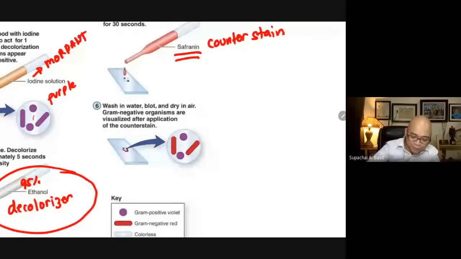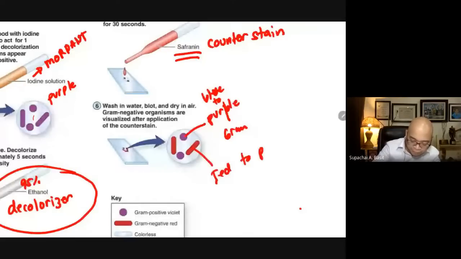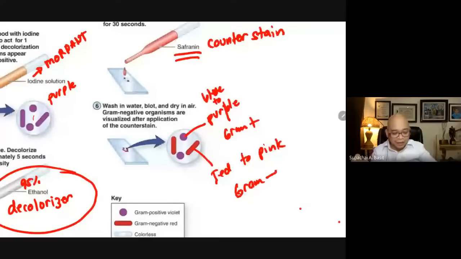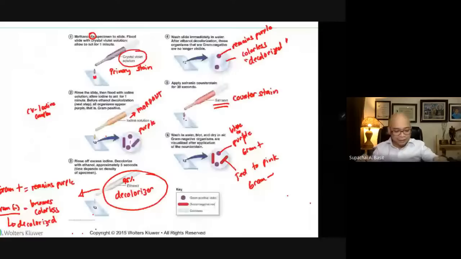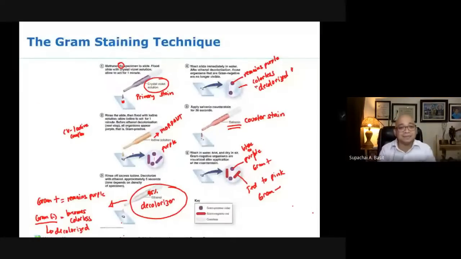If it's blue to purple, it's gram-positive. But if it's red to pink, then it is gram-negative. That's how we perform the gram stain in the laboratory.